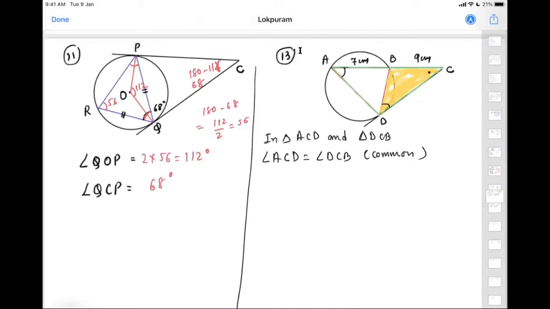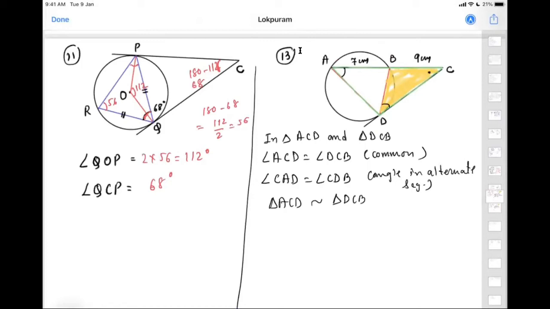Then angle CAD is equal to angle CDB, angle in an alternate segment. So therefore triangle ACD is similar to triangle DCB by AA.